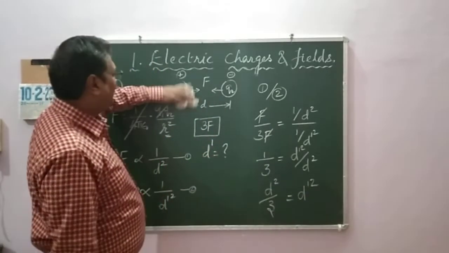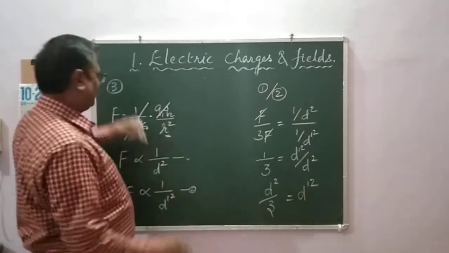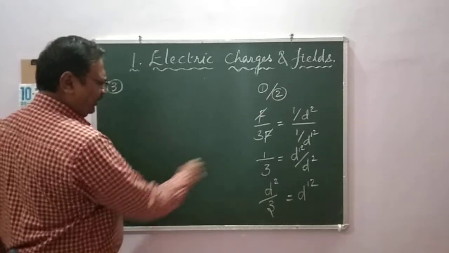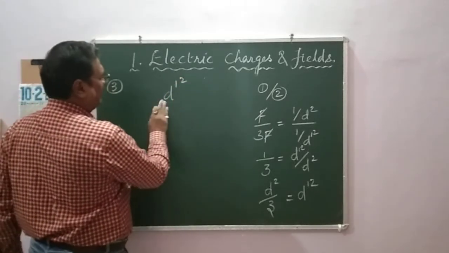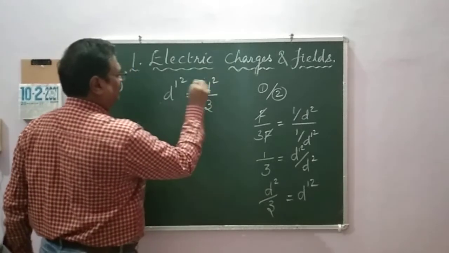Okay. So let me erase this part now, because I have taken all the data. I don't need any of them. Okay. Now I got d dash square is equal to d square upon 3.